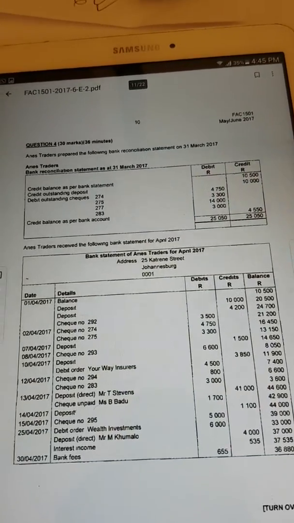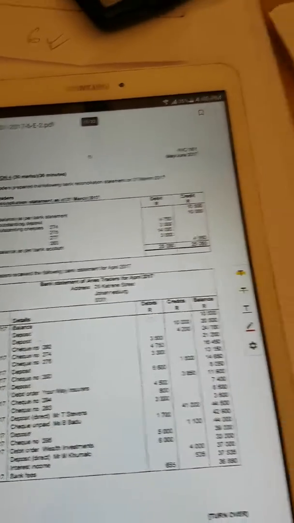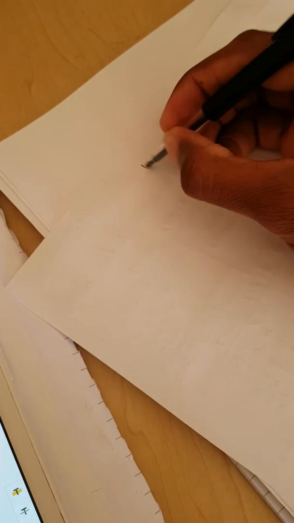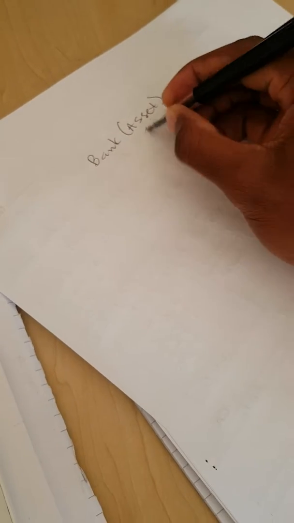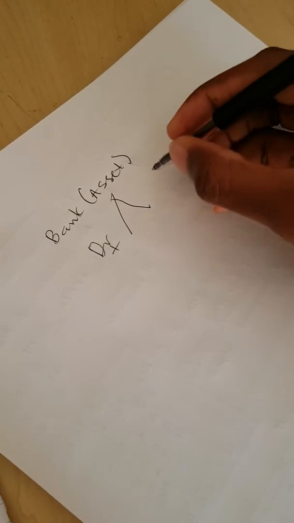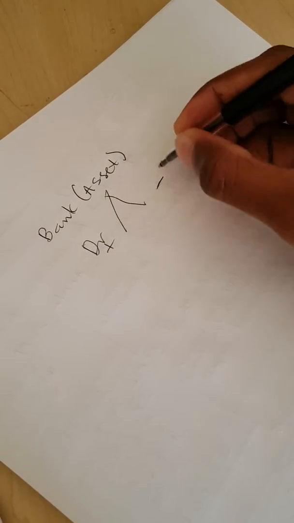So guys, I want you to know that bank is an asset. Bank is an asset. So assets are positive on the debit side, and assets are negative on the credit side.